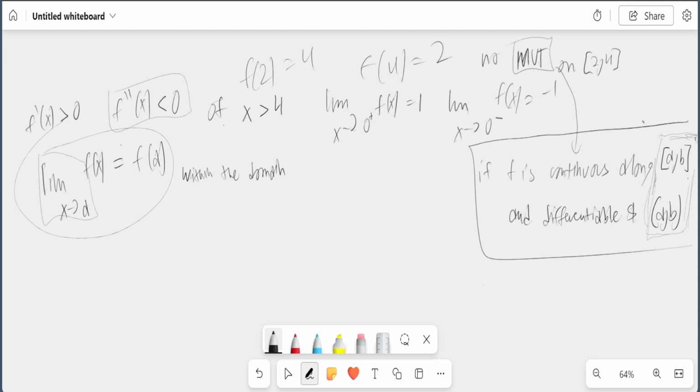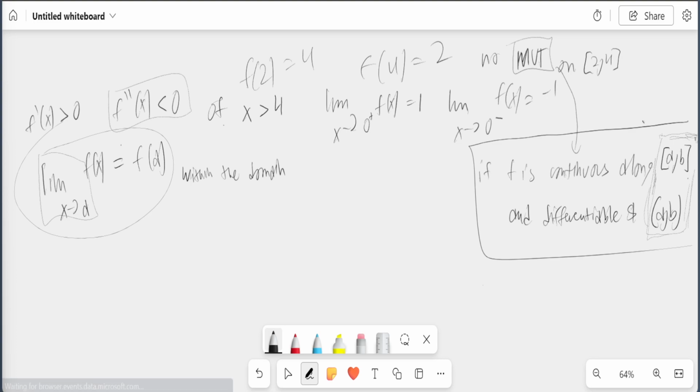Let me search this up real quick just to make sure I'm not telling you guys something that's false. Hold up. Okay, it's not continuous, but it depends on the wording.